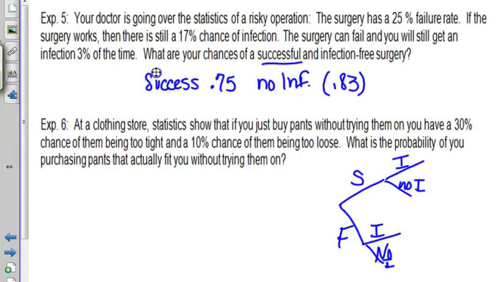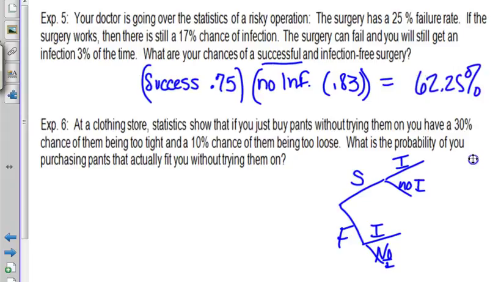So what are we going to do with those? 62.25% if I write it as percent. Did someone get that? If we wanted to double check that, we could find all four possibilities that we've listed and make sure that it adds up to 100%. It's right, so we're not going to do that. That question's not on the quiz.